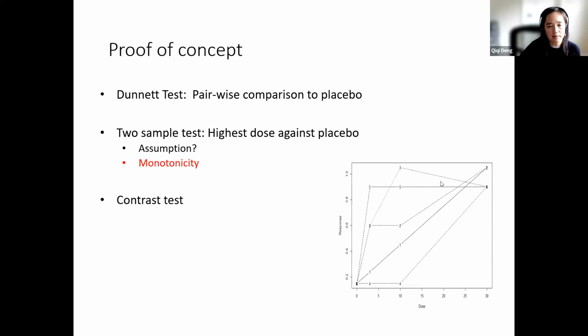Or you can combine the data in different ways and give different arms different weights. However, if you do that, it needs to be robust. And two of the robust ways to do that are the trend test or the multiplicity adjusted model-based contrast method.